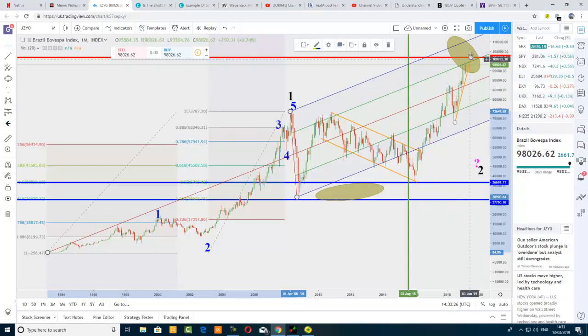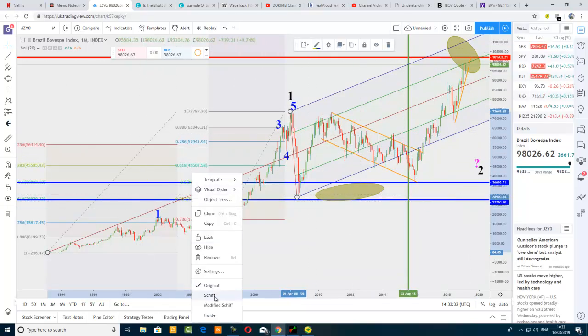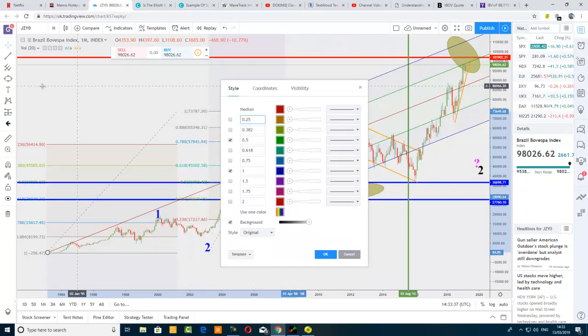Okay? So those are the expectations. So map out your chart, put the Andrews Pitchfork on your chart. I'm going to see if I can make it. Why is it setting here? Why is he doing this to me? Okay.